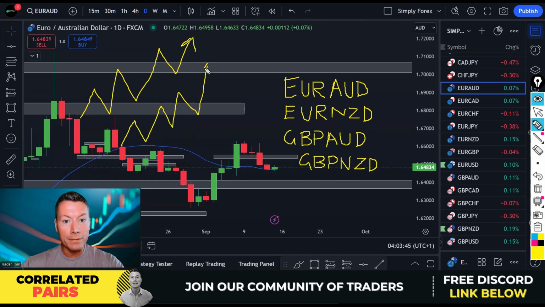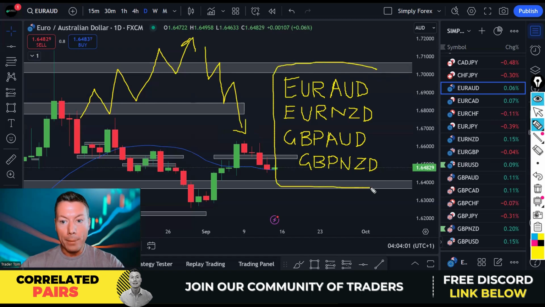If they were negatively correlated, then if one goes up, the other one comes down. That's negative correlation. But all of these are positively correlated.